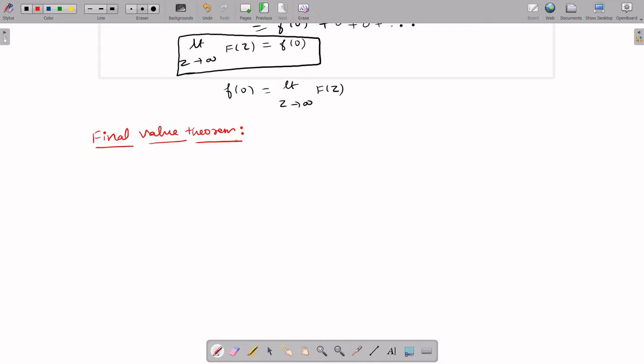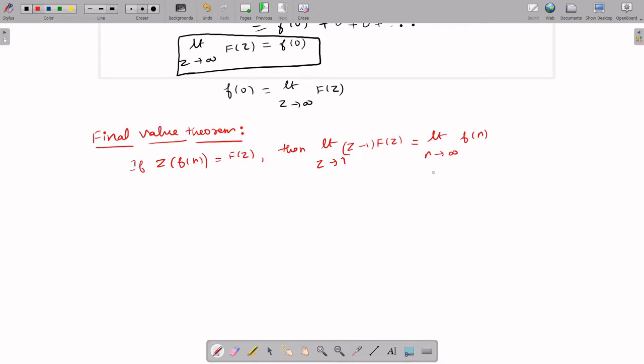Suppose you have a Z transform; if the Z transform of f of n is equal to F of z, then limit z tending to 1 of z minus 1 into F of z is equal to limit n tending to infinity f of n. Or you can write this as f of infinity also. This way also you can write the final value theorem.